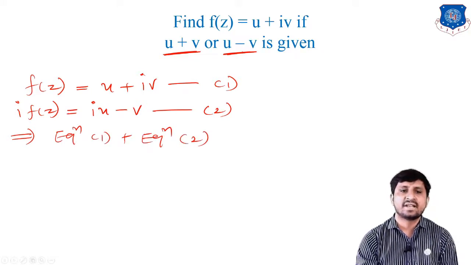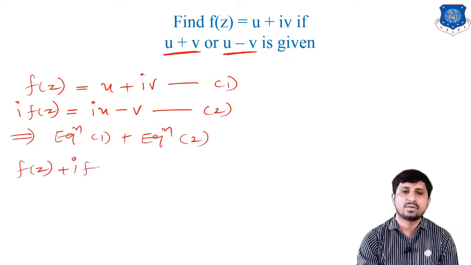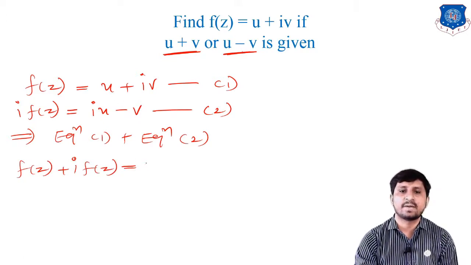On the left hand side we get f of z plus i into f of z. On the right hand side we have u minus v. What is my real part? The real part is u minus v. And what is my imaginary part? The imaginary part is u plus v.